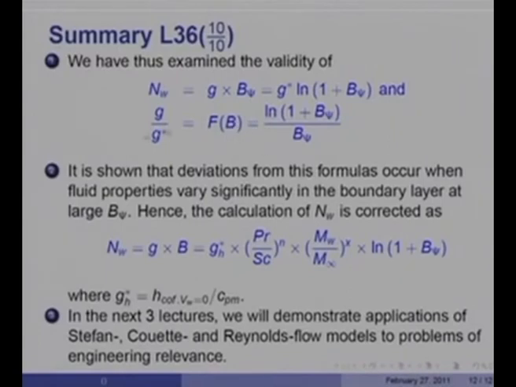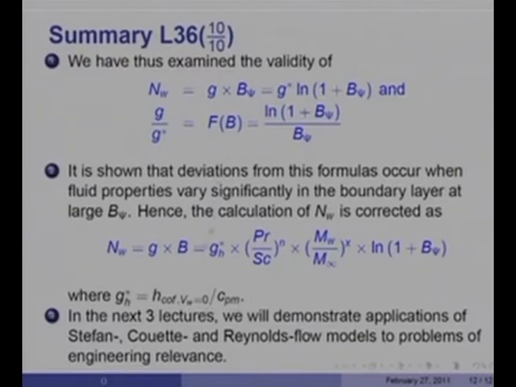So, this is valid only for very small mass transfer rates and constant properties. It is shown that the deviations from this formula occur when the fluid properties vary significantly in the boundary layer at large B psi, and hence the calculation of N_W is corrected as what I showed on the previous slide, where g star h is equal to h at V_W 0 divided by C_pm.